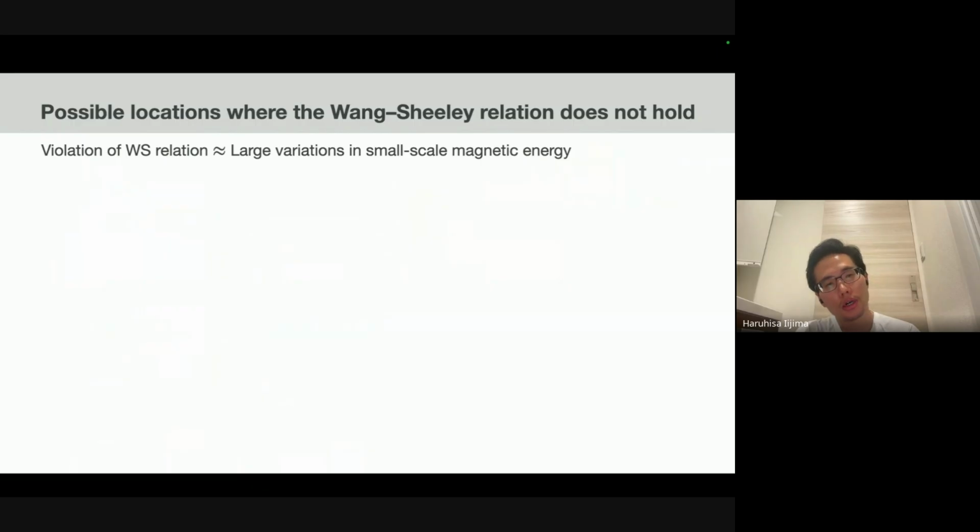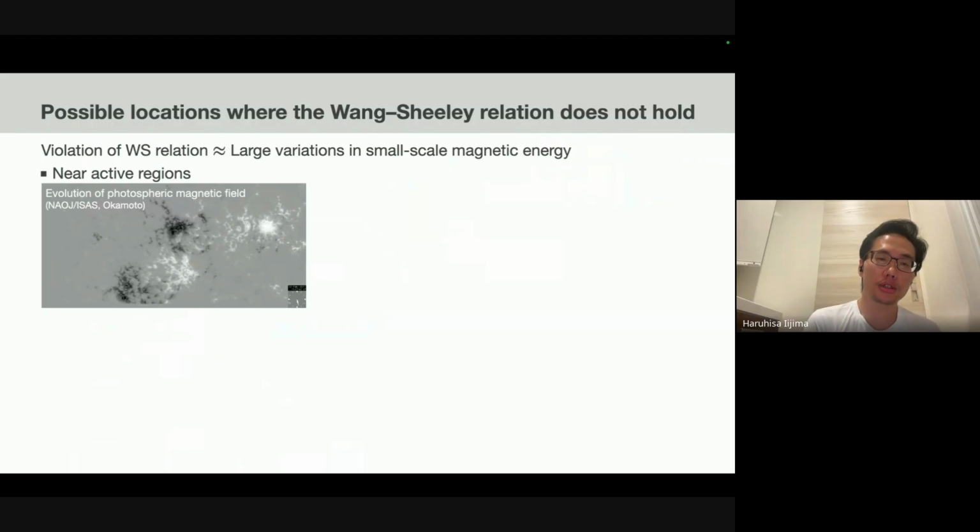But even in real nature, the real Sun or real stars, we think there will be possible locations where the Wan-Shelley relation does not hold. A violation of the Wan-Shelley relation will be at a location where a large variation in small scale magnetic energy exists.